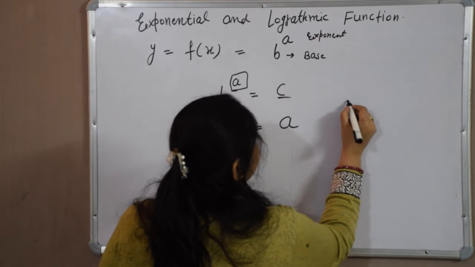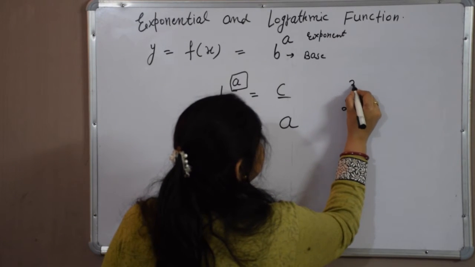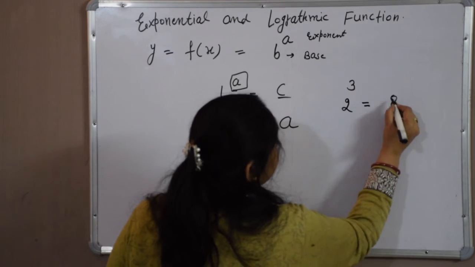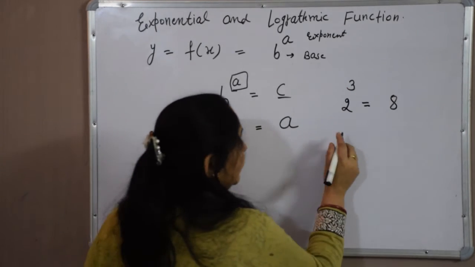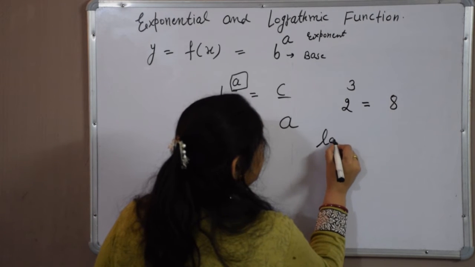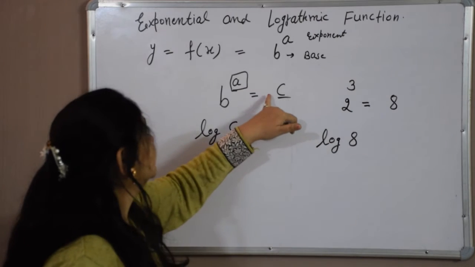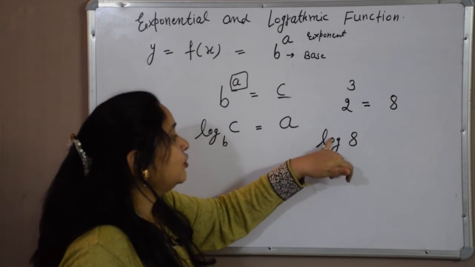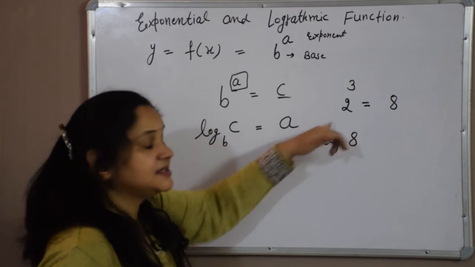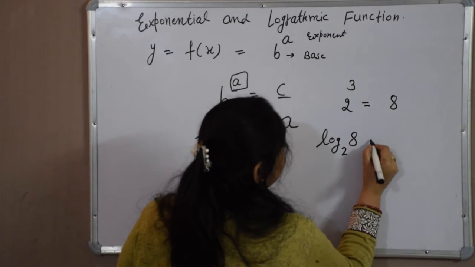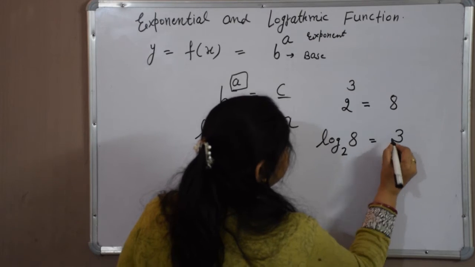Suppose I take 2 raised to power 3, and we know that 2 raised to power 3 is equal to 8. So how can I write it in the form of log? Log of 8 to the base 2 is equal to 3.